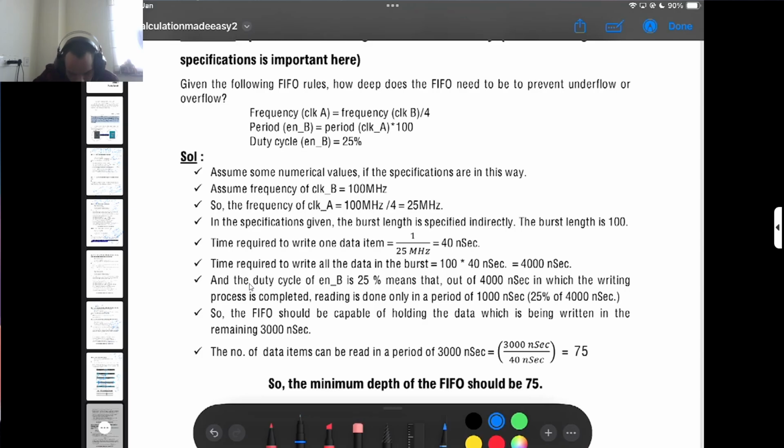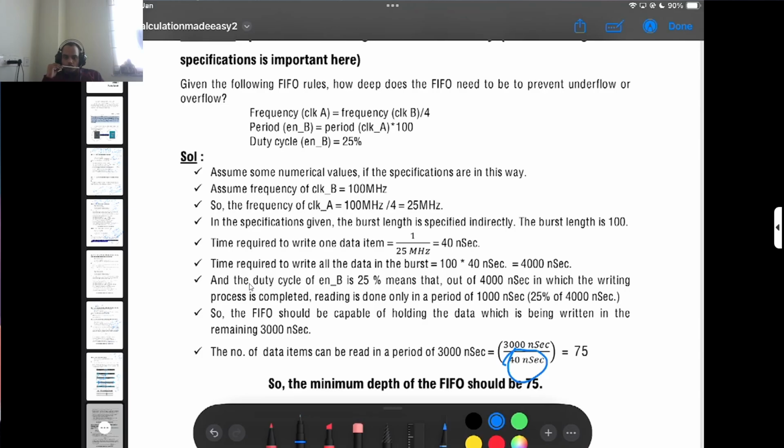So the FIFO should be here. Why is it 40? That's the problem. Because it's clock B, no? So if it's clock B, then why is it not 100 megahertz? Okay, understood.